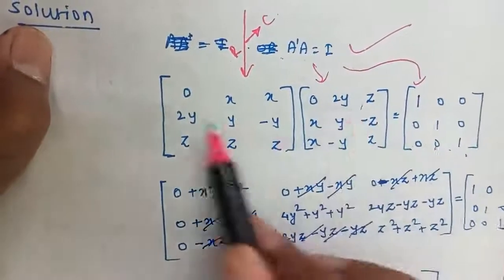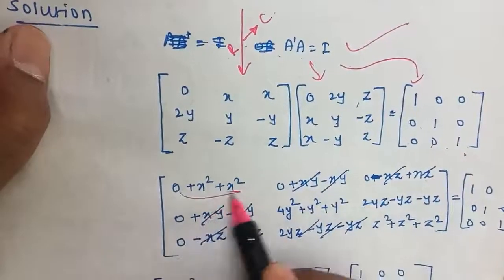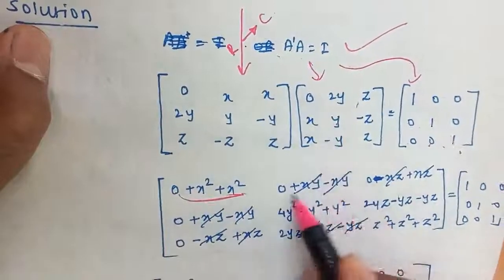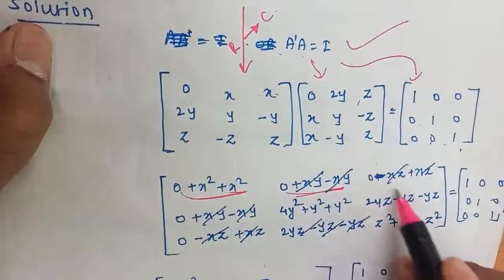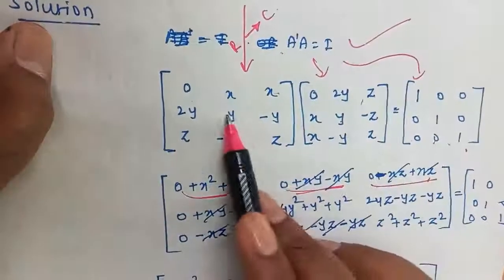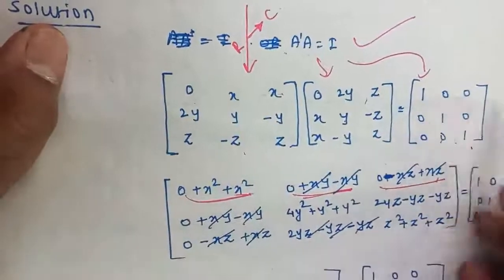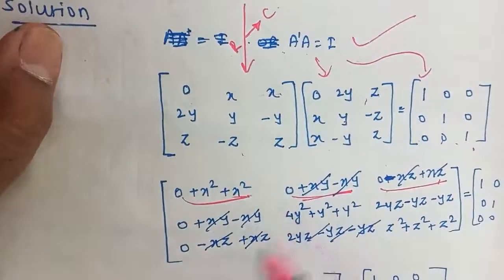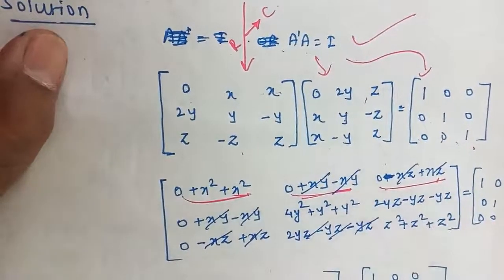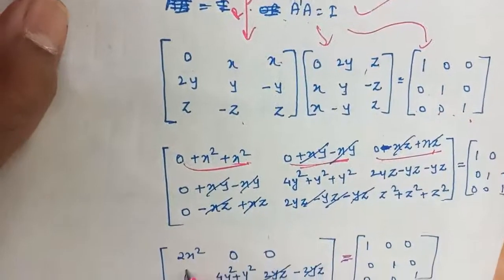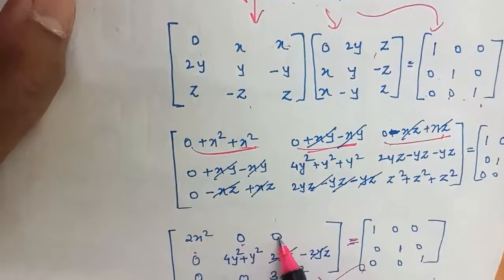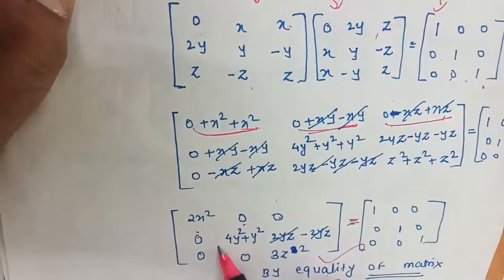Multiply these two. First row into first column will give this element. First row into second column will give this element. First row into third column will give this element. Similarly for the second and third row, and this is equal to the identity matrix. Simplify this. Once you simplify this, you will get 2x square here, then 0, 0. Next row will be 0.